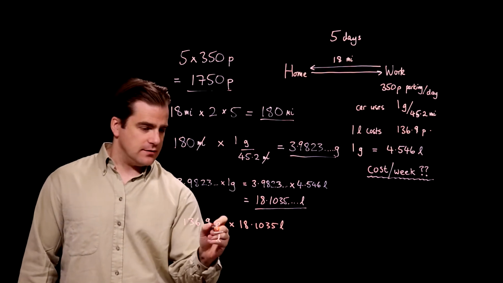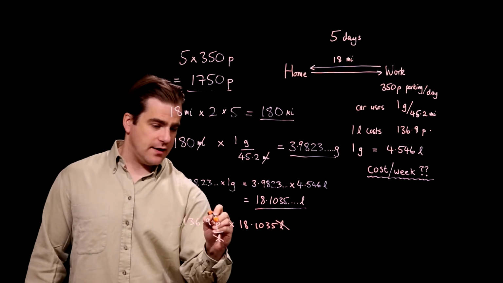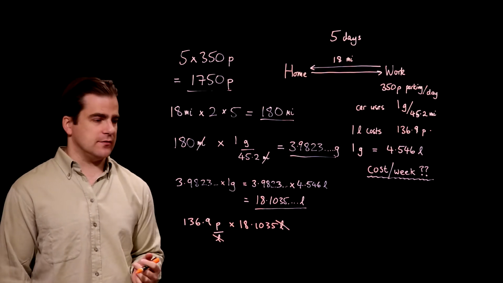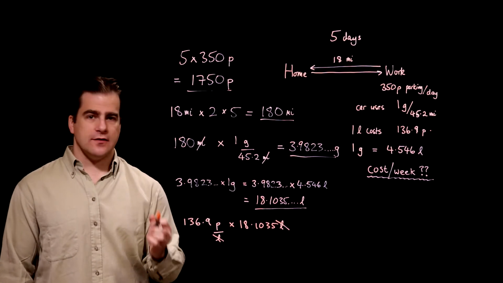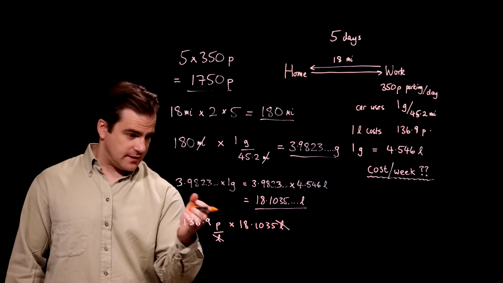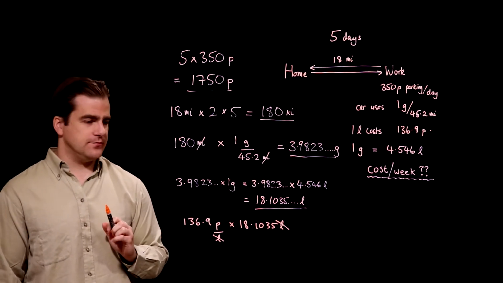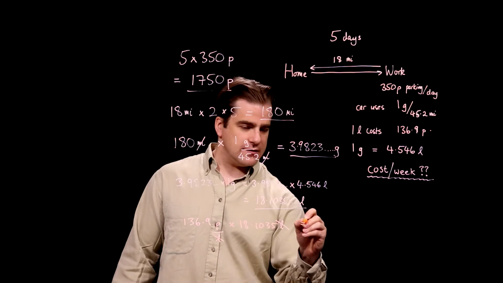If we multiply, litres on the bottom, litres on the top, they cancel. And we're left with just pence, which is the cost, which is what we want. So again, write it out like this. Look at the unit and you know whether you have to multiply or divide. In this case, we multiply, litres cancel. So put that in your calculator.